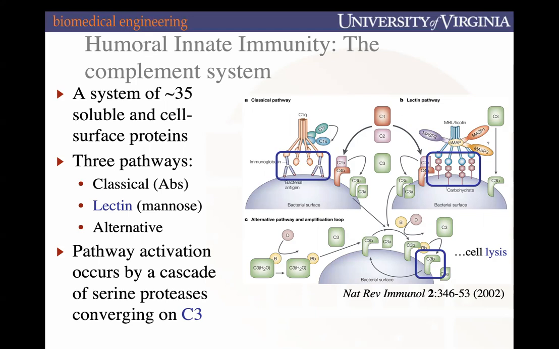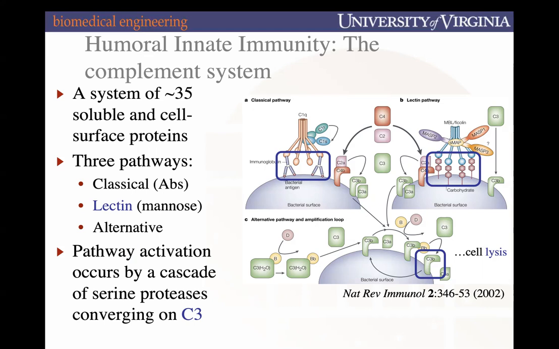First, we're going to focus on the classical pathway, which is on the top left of this image here. Typically, on some sort of bacterial pathogen, we're going to have antibodies that recognize specific features on the surface of this bacteria.